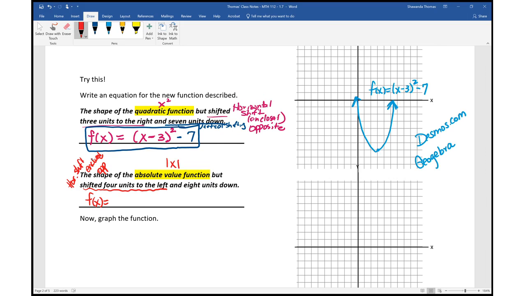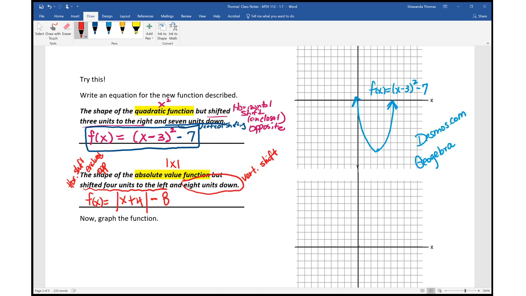Shifting 4 units to the left, we're thinking negative, but it's actually plus 4 inside of those vertical lines. That's your absolute value symbol. And 8 units down, that is the vertical shifting, and it goes exactly how you think: minus 8.